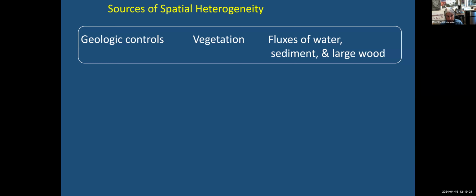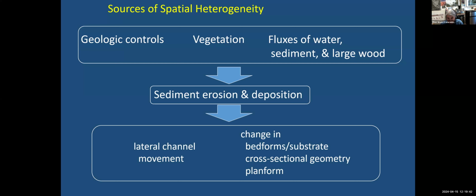That can create a lot of heterogeneity. And then those fluxes, things coming into and moving down the river corridor, of course, vary with time and space. So all of those fundamentally interact to create spatial and temporal patterns of sediment erosion and deposition that drive things like lateral channel movement and those changes in the different dimensions I was just talking about, like bed forms and substrate or cross-sectional geometry.